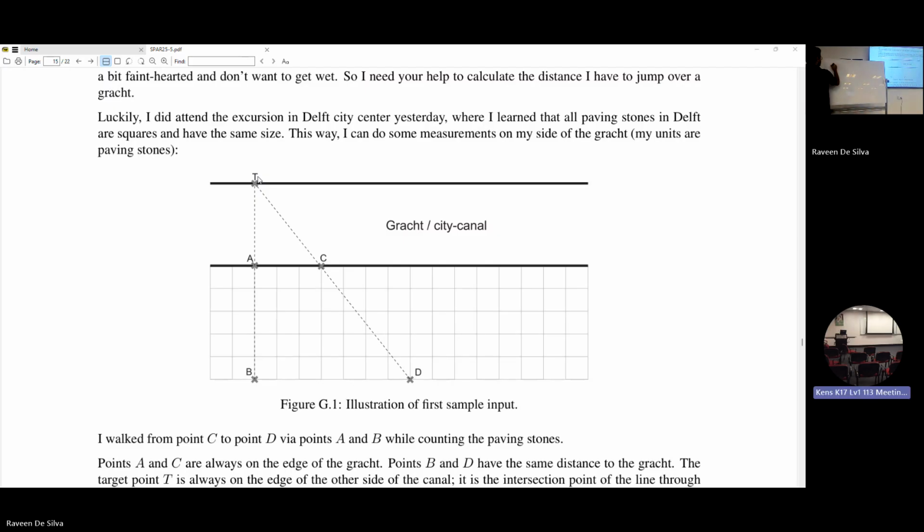GCD stands for greatest common divisor. If B is non-zero, then it's GCD of B and A mod B. This is recursive.